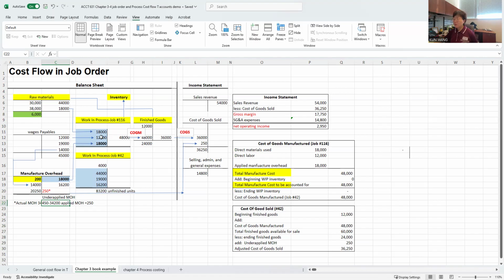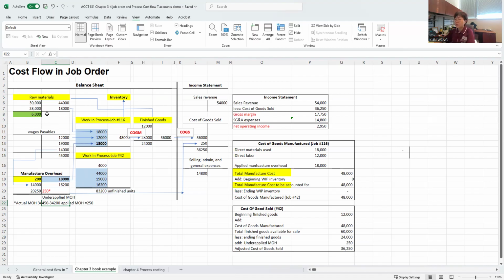The one they started and completed is the 116. So my cost flow focuses on the one we started and finished. The other one we started, you have some beginning balance and you also add more cost items, but it's still not done yet, we haven't completed it.